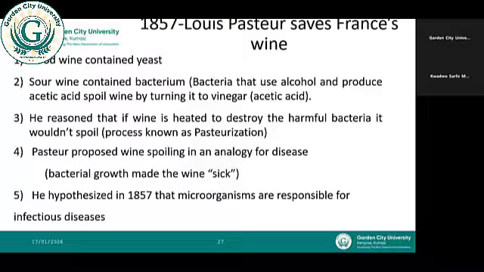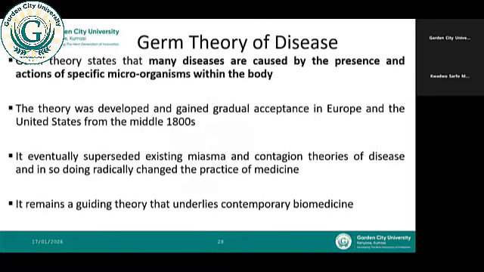Then he proposed that microorganisms are responsible for infectious diseases. Not all forms of disease, but the infectious types, the ones that are caused by microorganisms. So the germ theory of disease states that many diseases, not all, are caused by the presence and action of these microorganisms within the body.